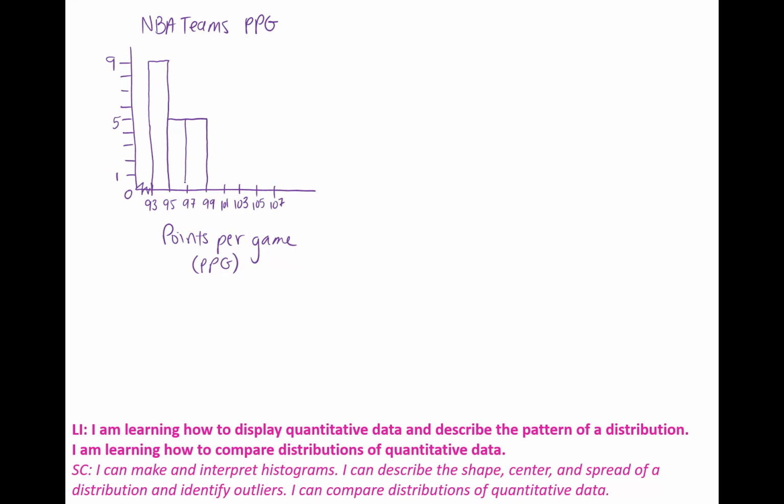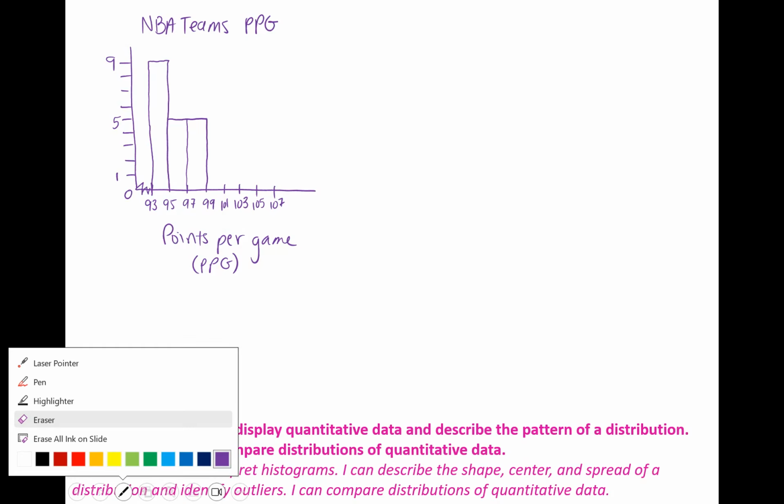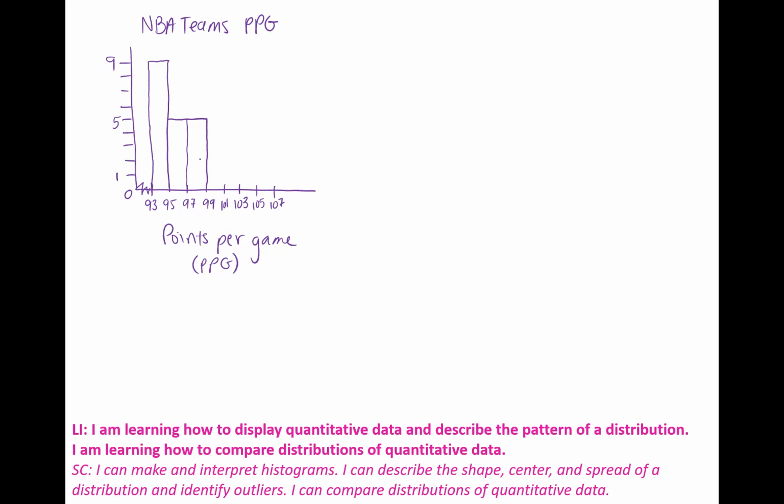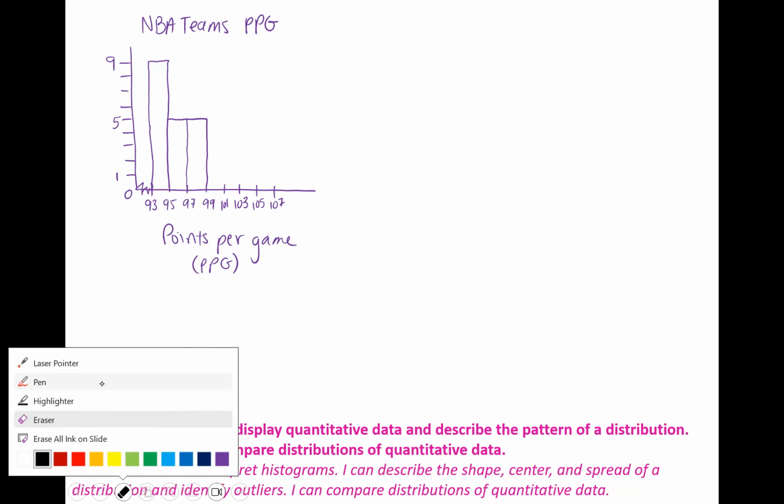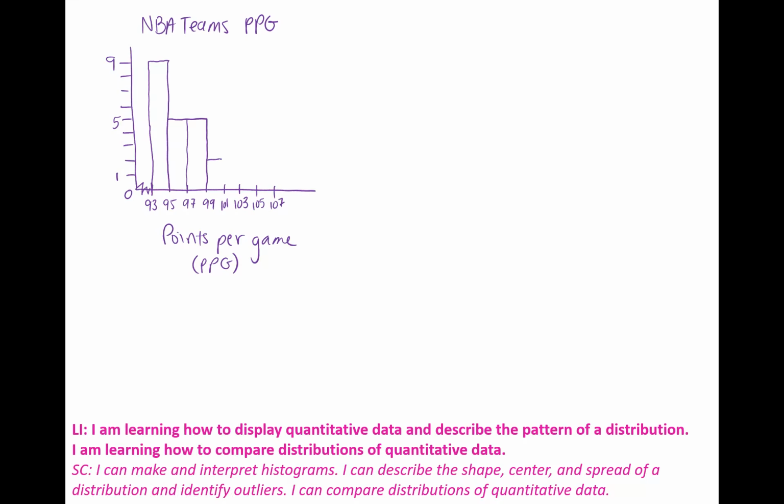Well, I tried. Let's try that one more time. There we go, it's a little better. All right, and then after my 5s, I had a 2. So I'm going to go up to 2 and draw 1, and then back up to 5, then 1, then 3.